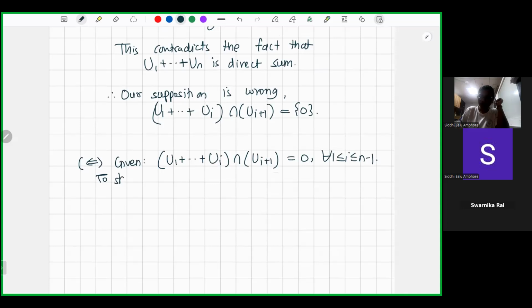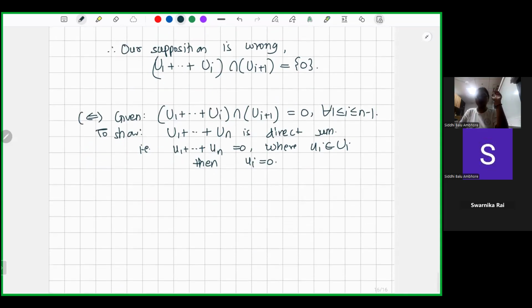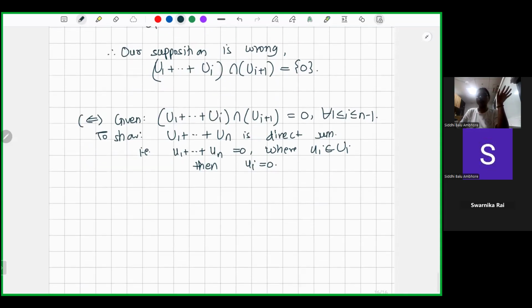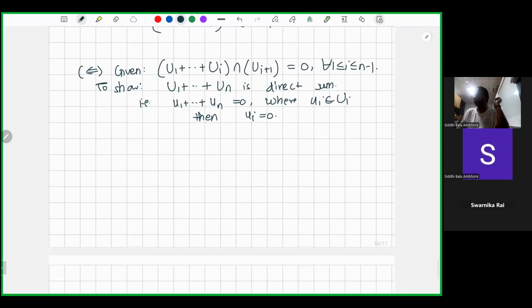And we have to show that this u1 up to un is a direct sum. That is, if u1 plus un is 0, where each ui belongs to Ui, then each ui is 0. That's what we need to prove to show that u1 to un is a direct sum.